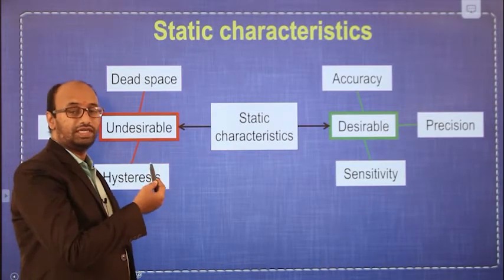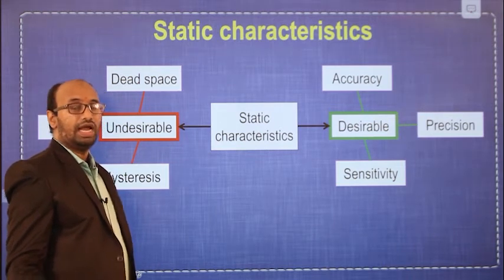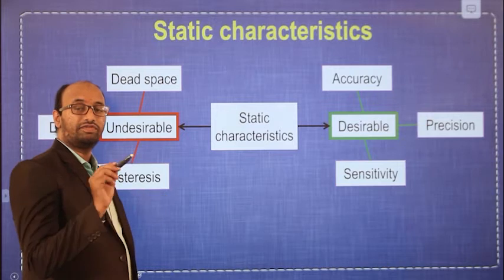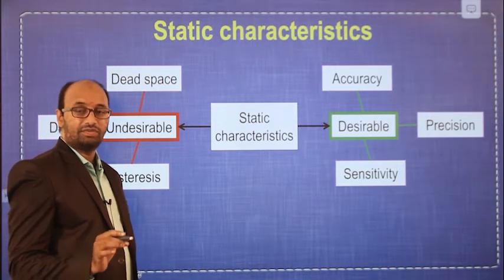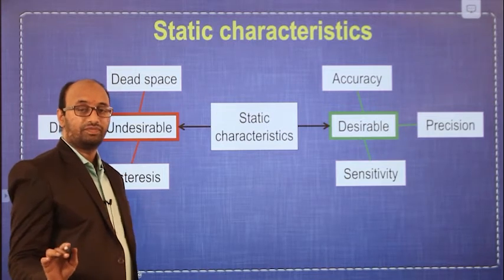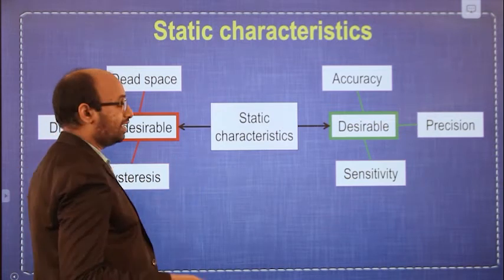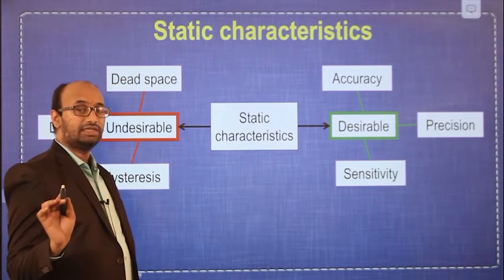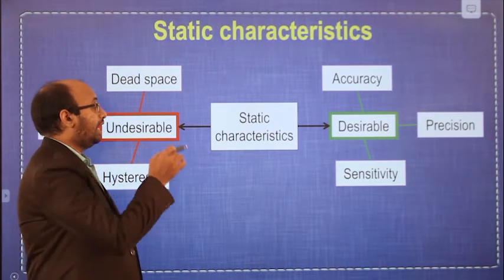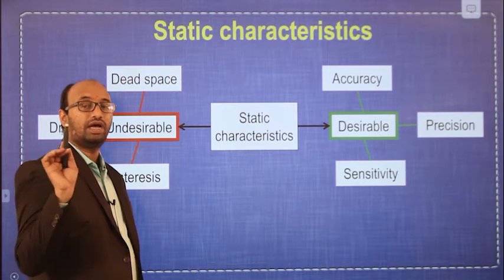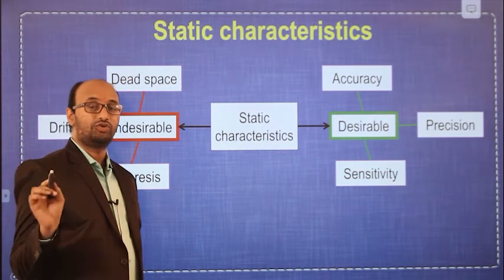So far we have seen the different static characteristics of the instrument, and these static characteristics are the different criteria defined for the instrument when the physical quantity being measured by the instrument doesn't vary with time. Out of all those static characteristics, there are some desirable and some undesirable static characteristics. An instrument should be highly accurate, precise and highly sensitive. At the same time, it should be linear.